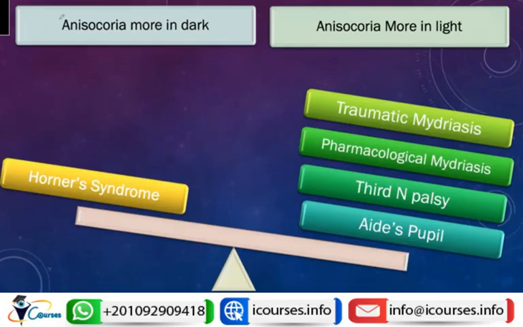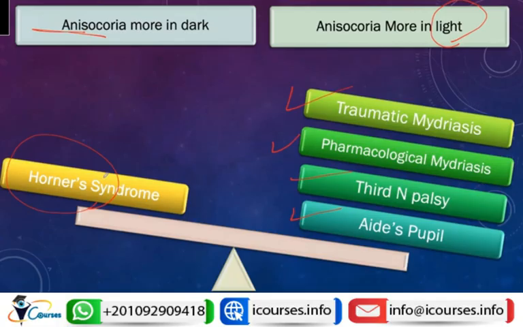To differentiate between the diseases that will cause anisocoria more in dark and more in light: the Horner syndrome will cause anisocoria more in dark, and the other diseases will cause anisocoria more in light. It will be traumatic mydriasis, pharmacological mydriasis, third nerve palsy, and the tonic pupil.